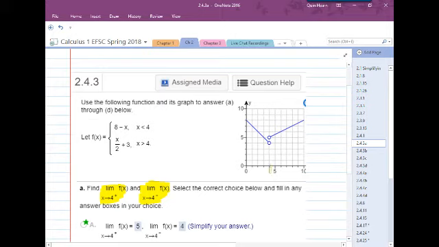Notice that the x value 4 is where something strange occurs on the graph. That's often a situation you'll see when you're asked to find a limit from the left and from the right. This is a piecewise defined function, and you can see the formula for it.